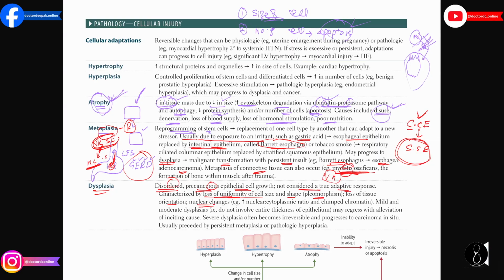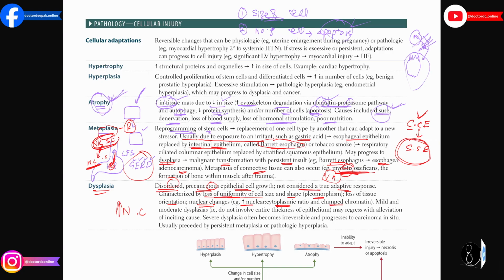When a cell is going through dysplasia, its nucleus to cytoplasm ratio will increase. And this is an important MCQ. When a cell is going through dysplasia, what is the nuclear to cytoplasmic ratio? You have to keep in mind, the nuclear to cytoplasmic ratio will increase, and the nucleus will become more clumped.